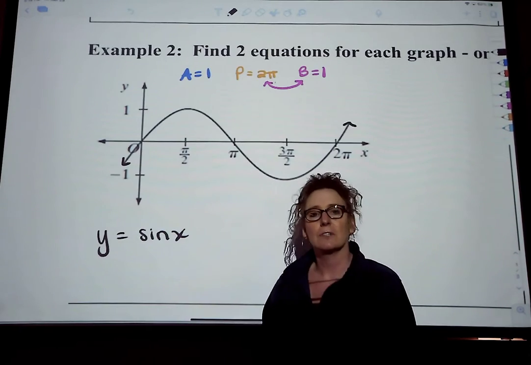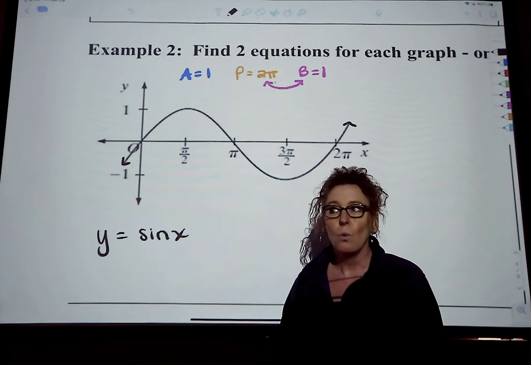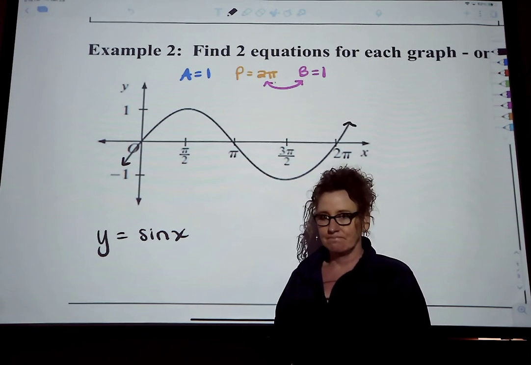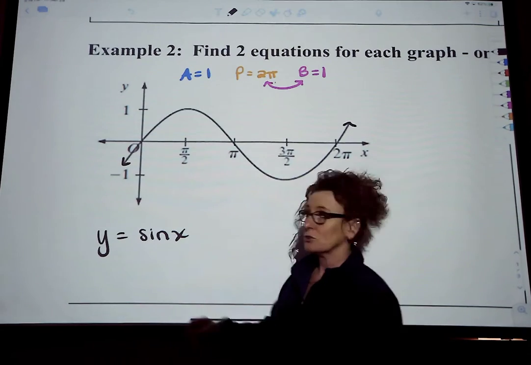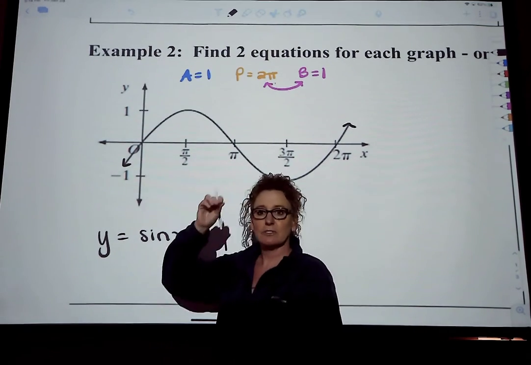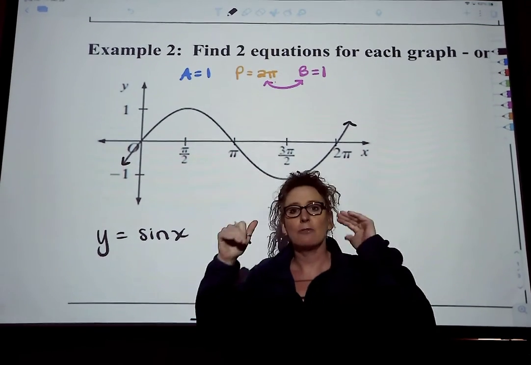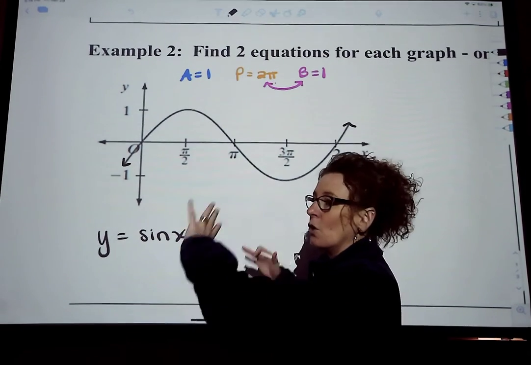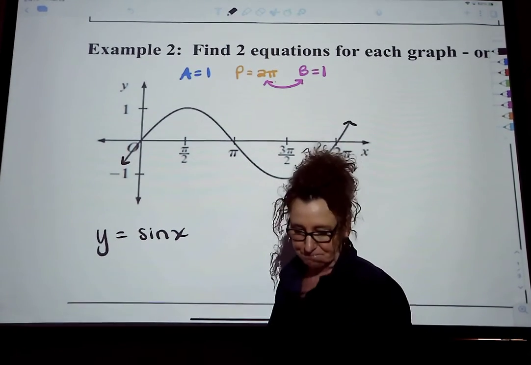What if this were a cosine graph? Where would it start? Cosine graphs don't start at the origin. Cosine graphs start at a height of 1. I need you to find on this graph where it has a height of 1.